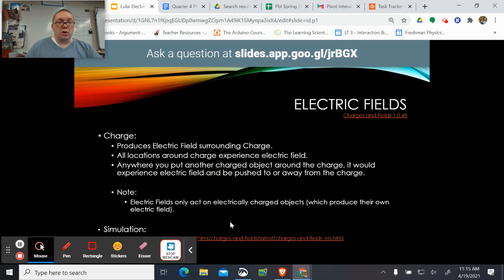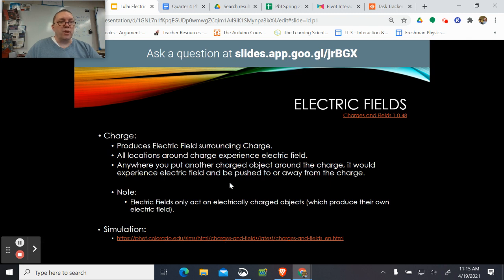If we talk about charges, it's the same sort of thing. Charges produce electric fields, and those electric fields only interact with other charges. They don't interact due to mass. They don't interact due to magnetic stuff. They interact due to charges. So electric fields are produced by charges and they interact with other charges.